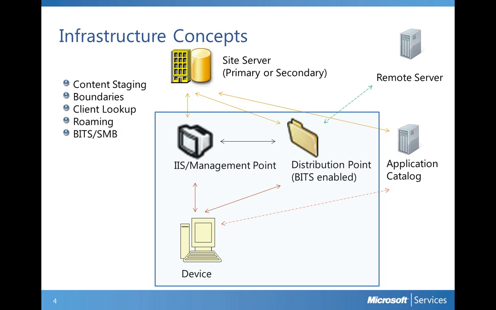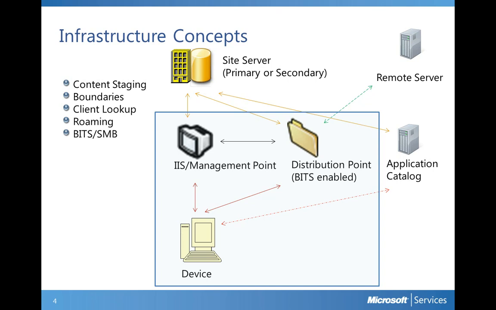There is an ability the client has to look up site assignment, again at installation, but it doesn't move automatically. If you need to adjust the site assignment, it has to be done by a script, by reinstalling the client with the new site code, something external to the client to get it to switch over. Now, that does have a play in roaming.